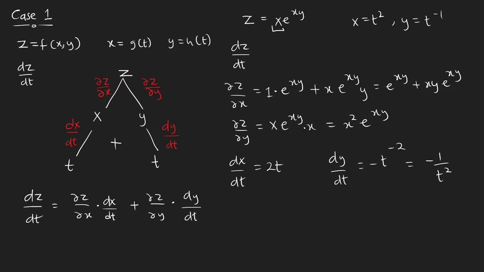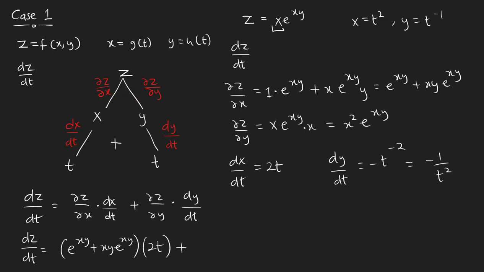Now we are going to apply the general formula that we have here. So we're going to have dz/dt equal to del z/del x, which we got to be e to the power xy plus xy multiplying e to the power of xy, all times dx/dt, which is 2t.